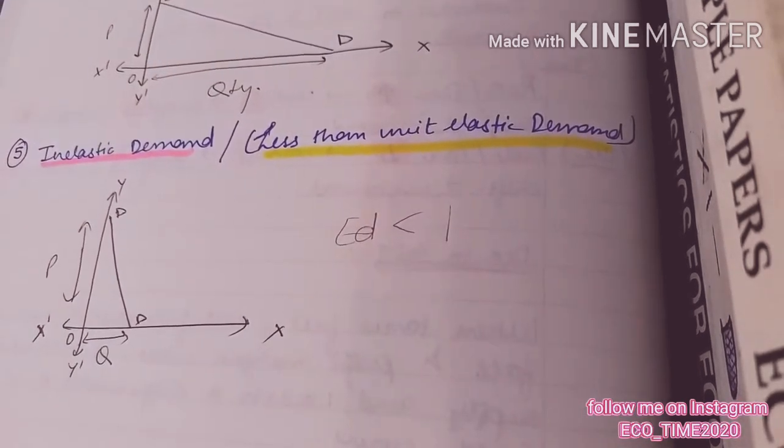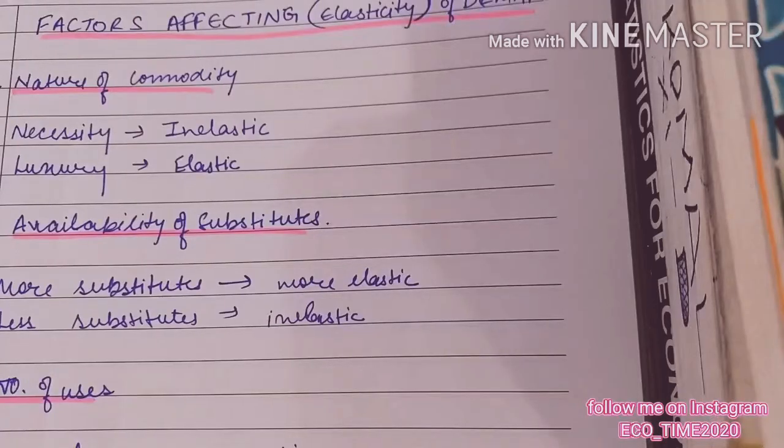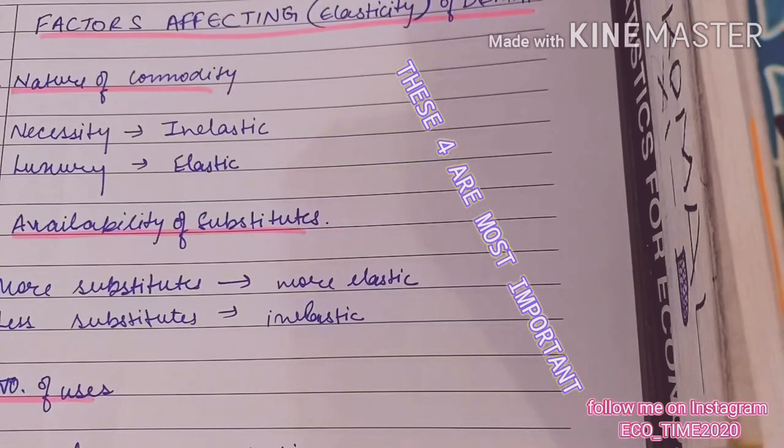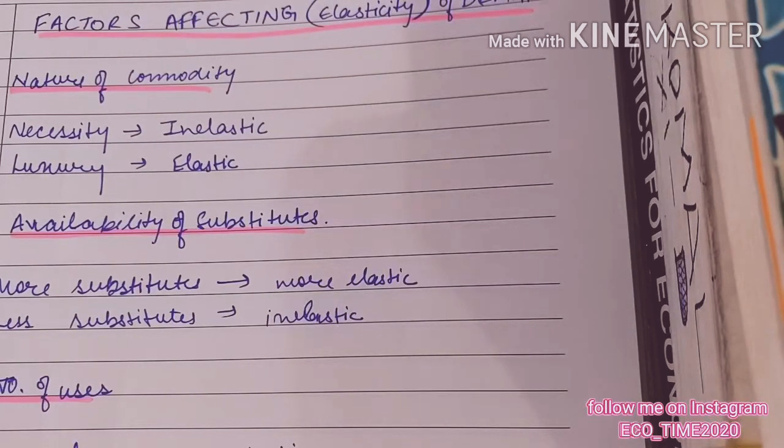Now let's move on to factors influencing the elasticity of demand. The first factor is nature of commodity. Necessary commodity is inelastic and luxurious commodity is elastic. Just think that if a person is suffering from an ailment, then he has to buy the medicine.